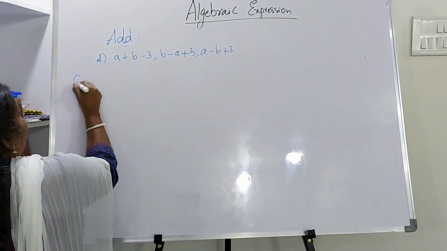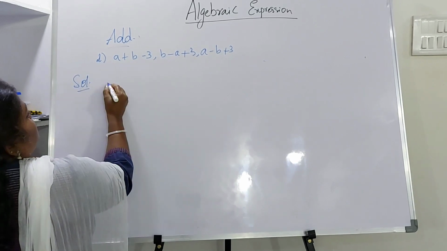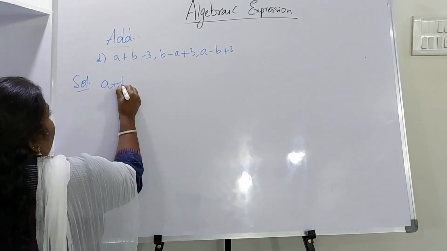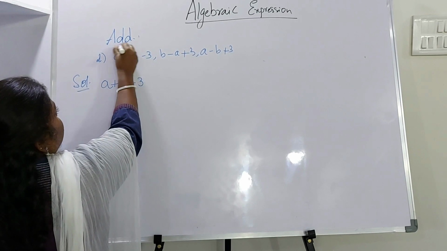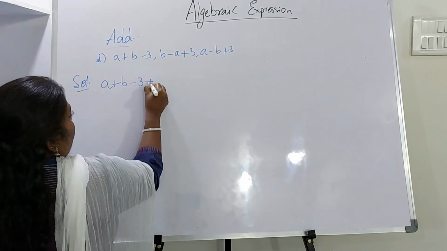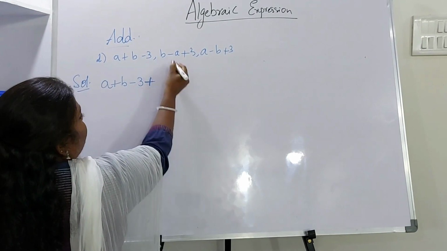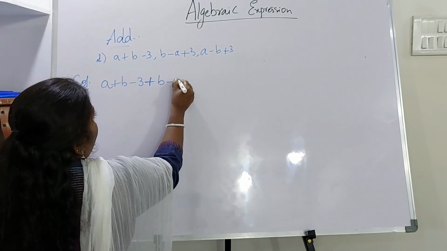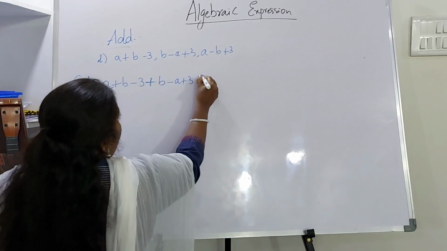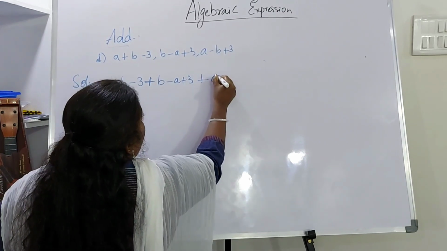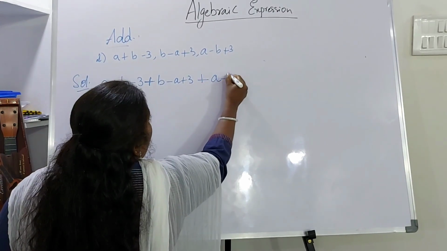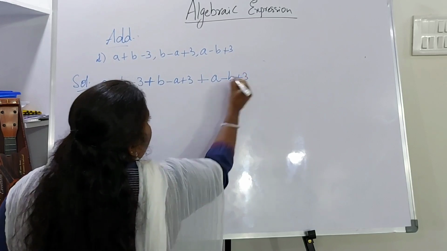So a plus b minus 3. Since it is addition, I use the plus sign and write the next term, b minus a plus 3, plus, write the third expression, a minus b plus 3.